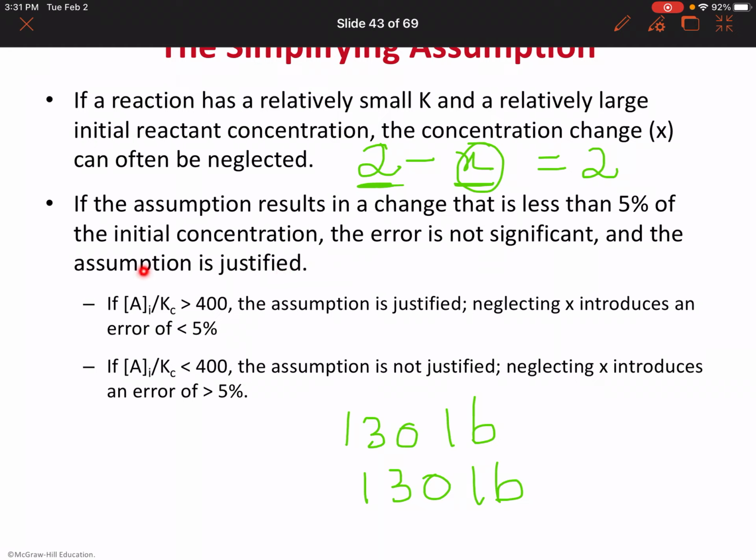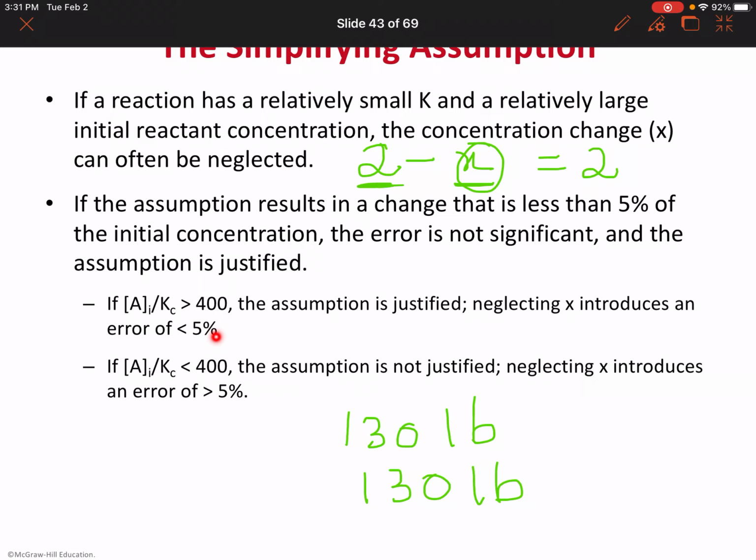So one way we can justify the assumption is this: if the initial concentration of your reactant A, when you divide it by the Kc value, becomes greater than 400, meaning you have a higher initial concentration of A and you divide it by the lower equilibrium constant, and that comes to be greater than 400, the assumption is justified, and neglecting x introduces an error of less than 5%.